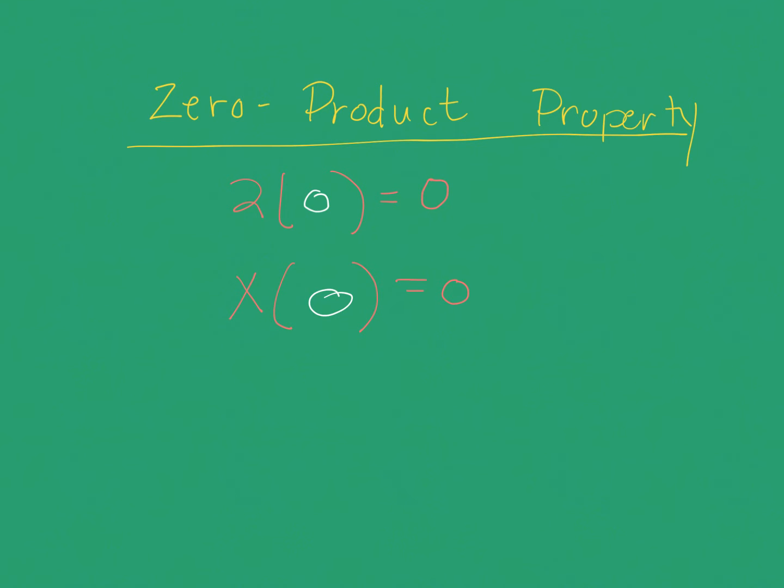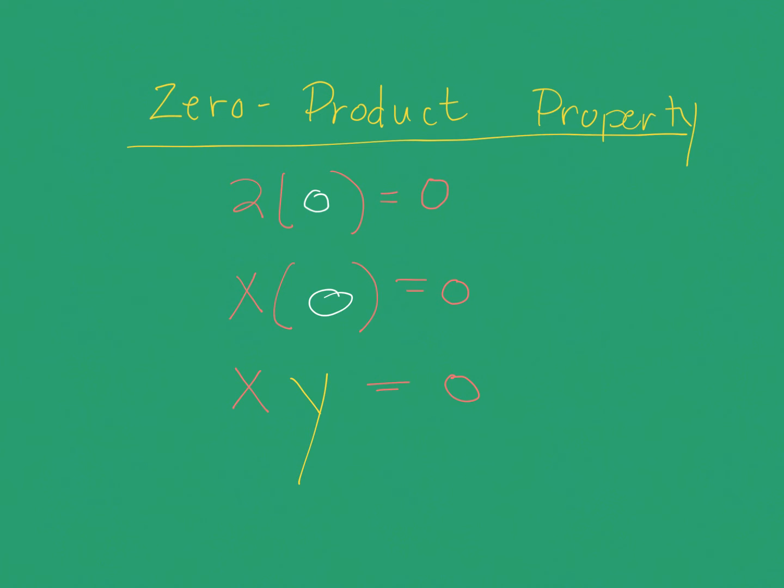That's what we're going to use today, an extension of that. If I multiply together x times y, and x times y equals 0, what does that tell me?